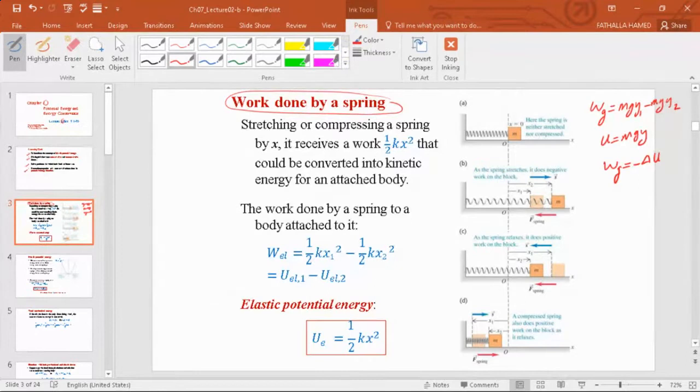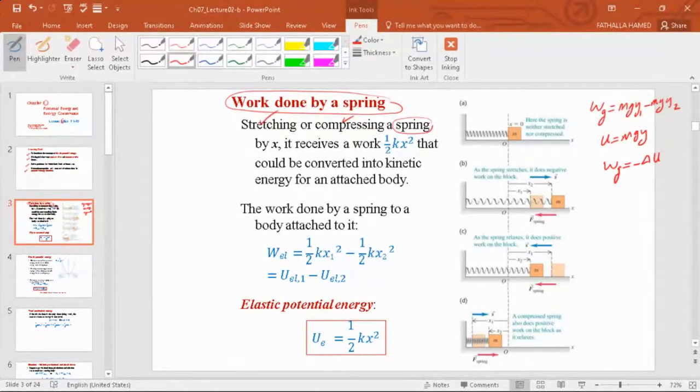and we're going to take a spring, and with a spring you can also either stretch it or compress it, and in both cases you will do work. But we're going to look at the work done by the spring.